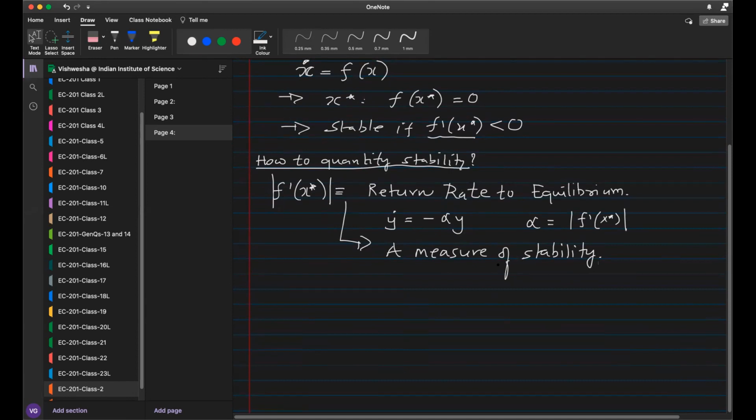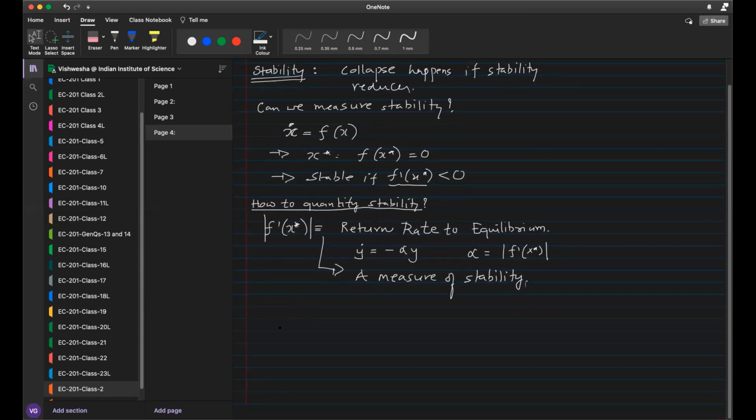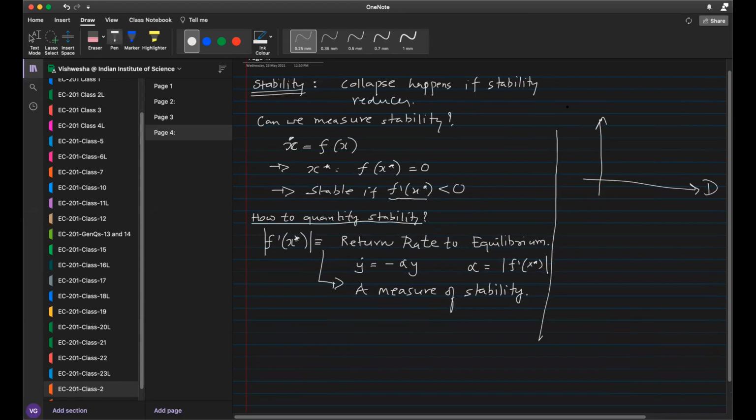Okay, now let's do the following plot again. This is the driver, this is the equilibrium. Let's say this is the bifurcation diagram.